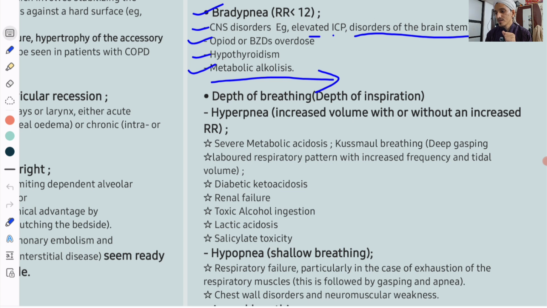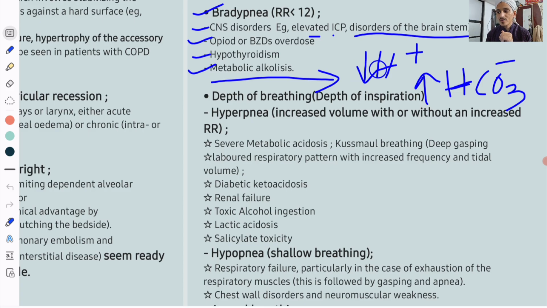How? In metabolic alkalosis, the kidney is storing bicarbonate, so there is alkalosis. H plus will be less because of alkalosis, and central chemoreceptors are sensitive to this, mainly H plus.